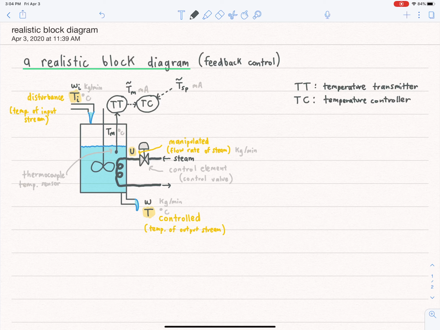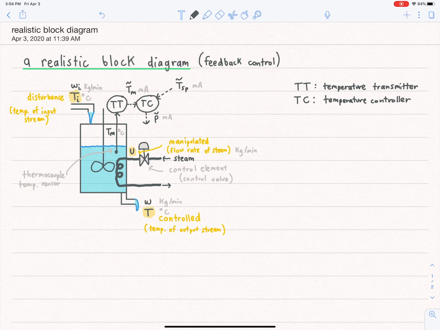the idea is the controller decides what to do with the manipulated variable, but what the temperature controller actually does is output an electrical signal. So I'll draw this with dashed lines again. And we'll call it P tilde, milliamp for electrical signal.